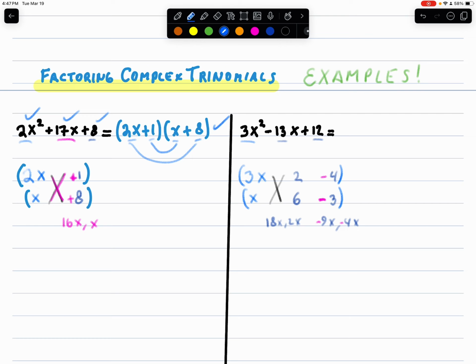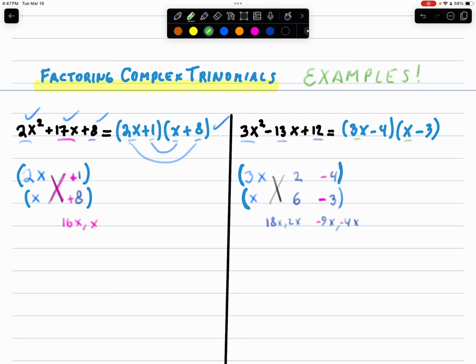So let's see. Back to the marker. My answer seems to be, one more time, 3x minus 4. And the other bracket is the one at the bottom, x minus 3. Now I think this is the answer, but of course I'm going to check it. I'm going to use green.